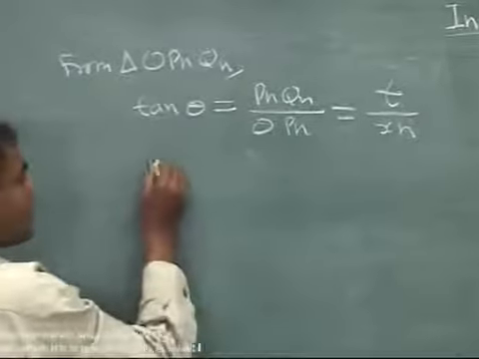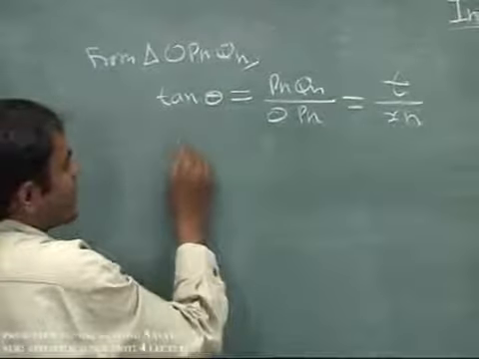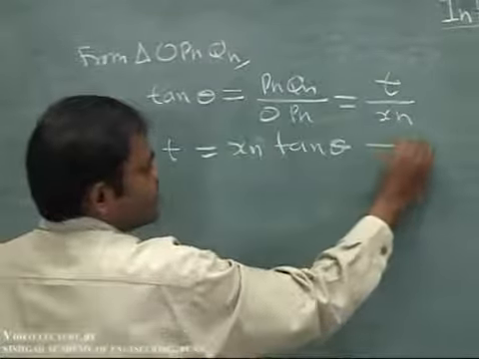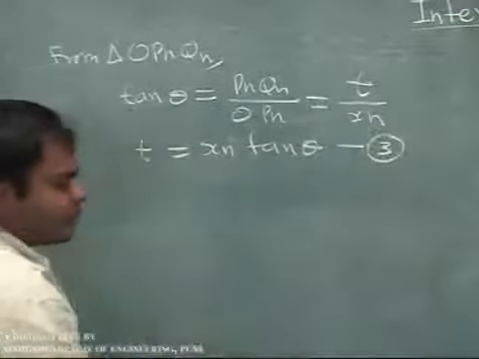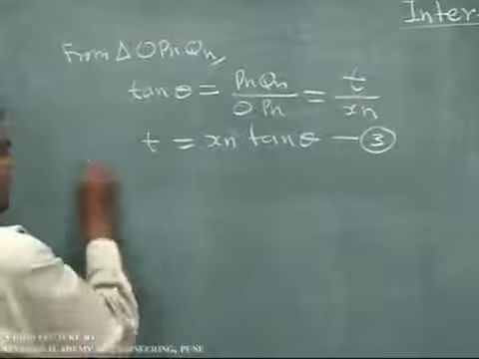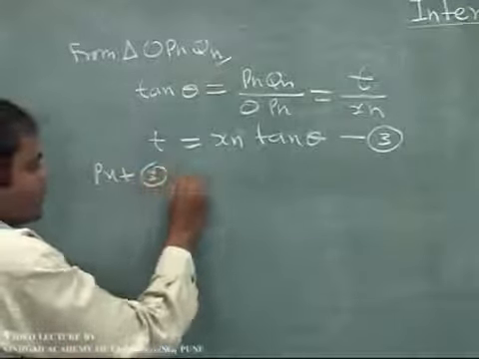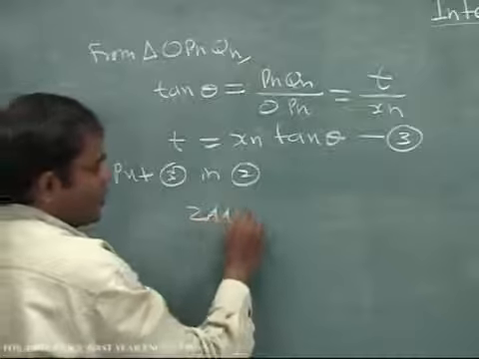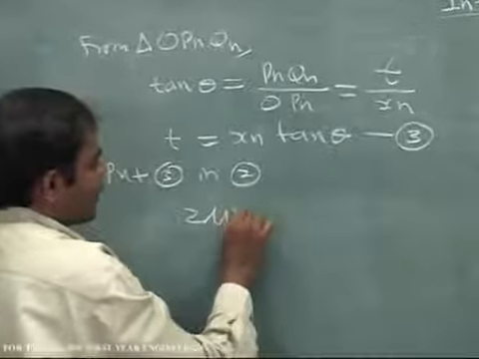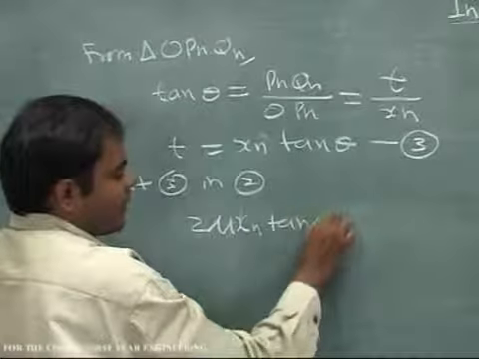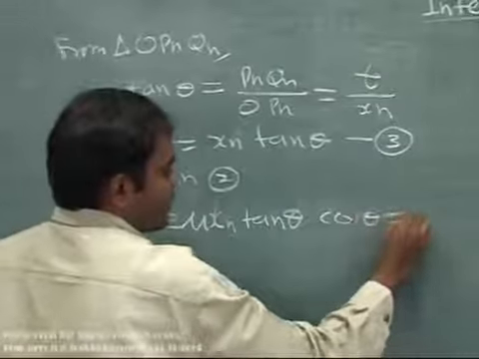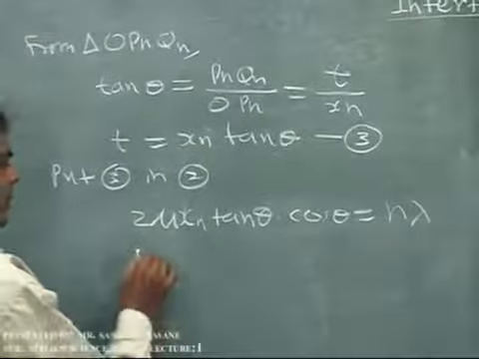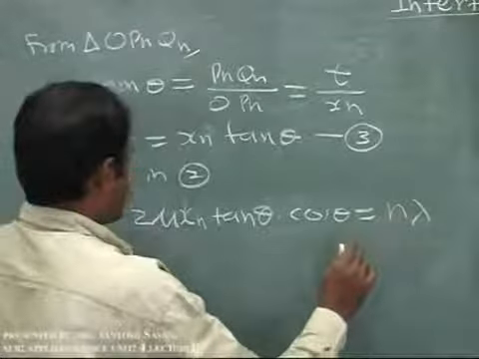In other words, thickness t is equal to xn tan θ. This is equation number 3. Now put equation number 3 in equation number 2. So we will get 2μ, instead of t we write xn tan θ, into cos θ is equal to nλ. This is equation number 4.